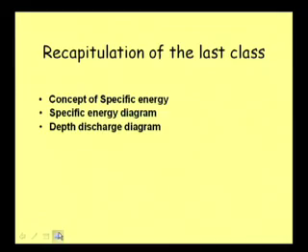For a given specific energy, we can have a relationship between the discharge and the drift. So for a constant specific energy we get a single curve for drift and discharge, and for a different energy level we get different curves. A set of curves we get, that we call the drift discharge diagram.